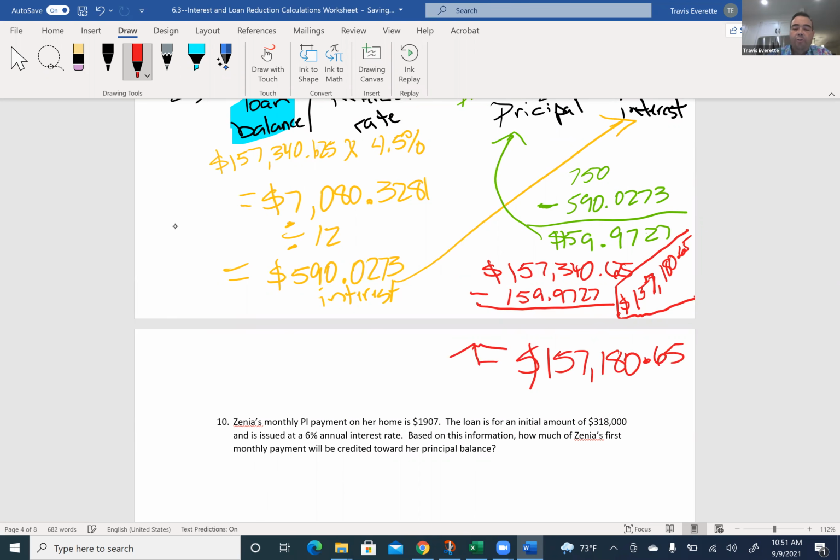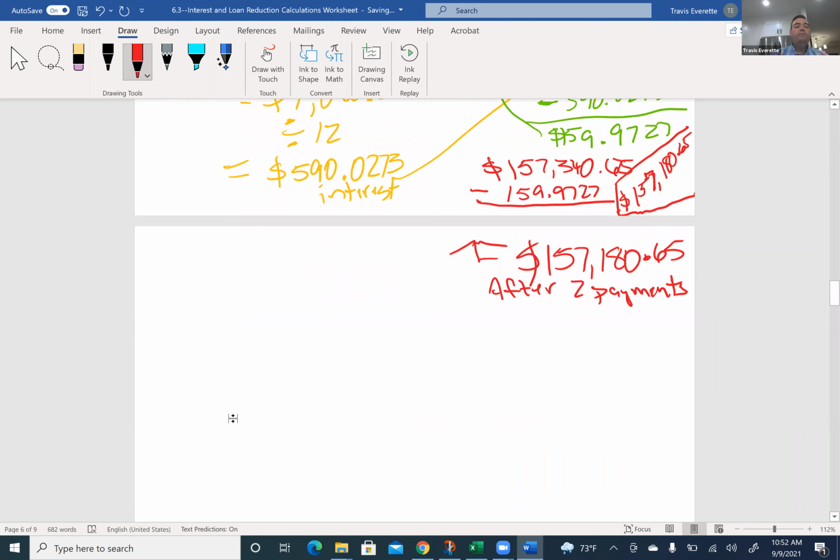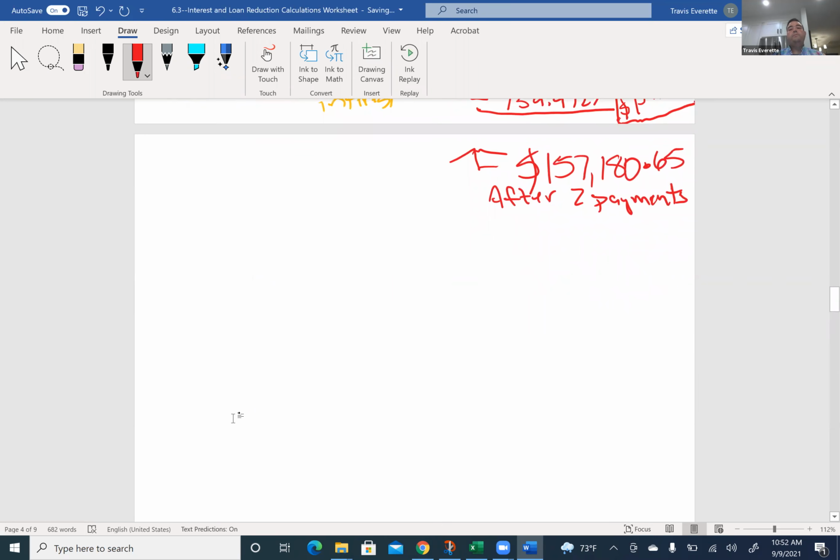And that's after 2 payments are made. Very involved, complex question, but you can do it. Just make sure you work your way through it.